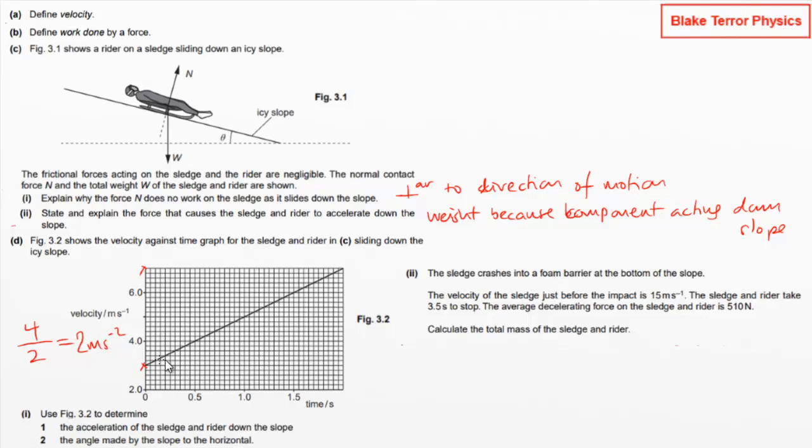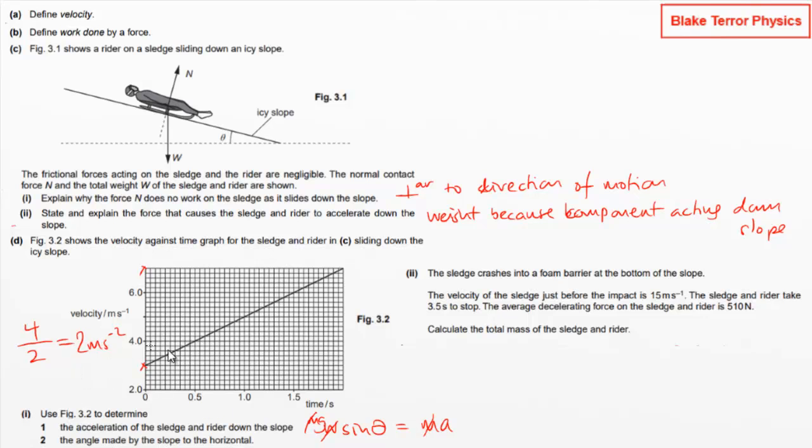That's our acceleration. What is the angle made by the slope to the horizontal? Right, so we've got W sine theta. That's our resultant force down the slope. That is going to be equal to the mass times the acceleration. W is mg, so let's put that in, cancel the m's.